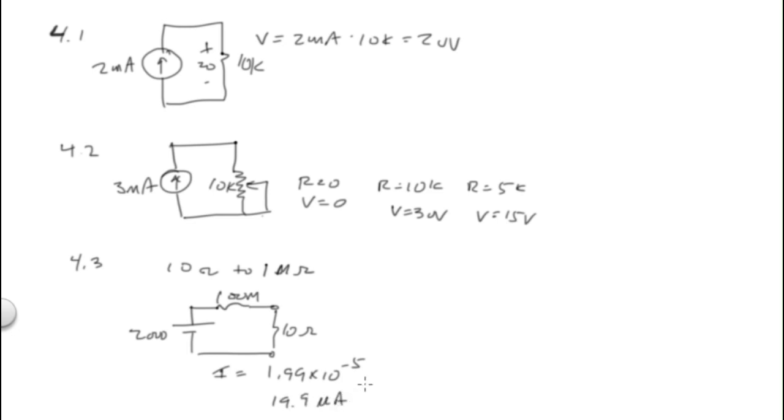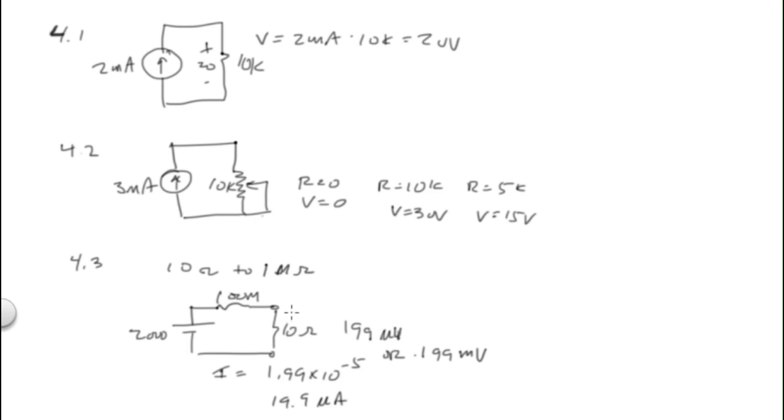Then you multiply that times 10, and you get 199 microvolts, or 0.199 millivolts.